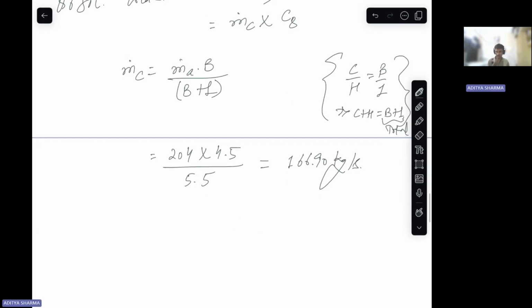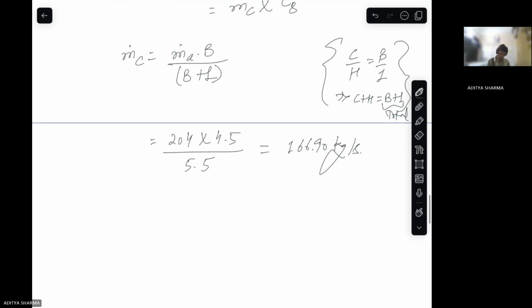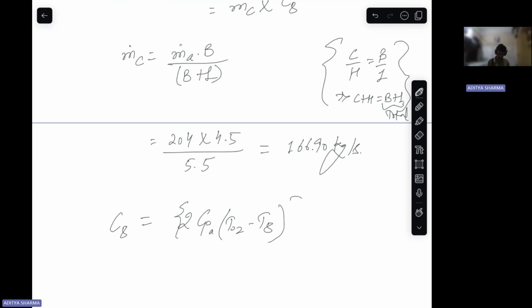Okay. Then now we need to calculate velocity. So C8, you can use this formula. What we are doing here is basically converting the enthalpy that is there with the air, by virtue of its change in temperature.